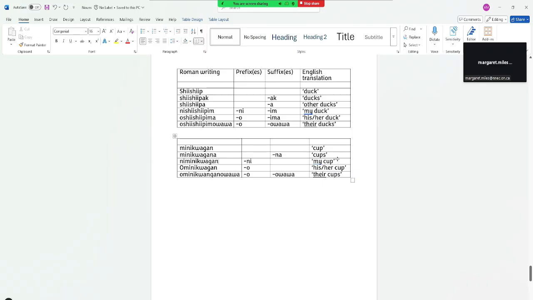Minakwagana, meaning cups. Niminakwagan. Ni is added in front of the word. My cup, my cup.